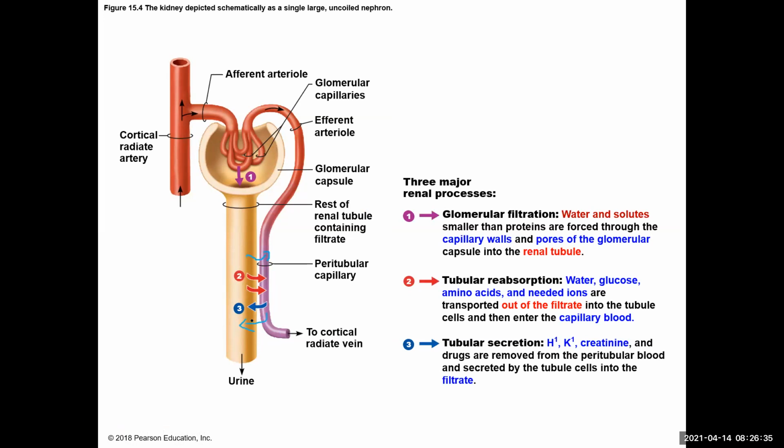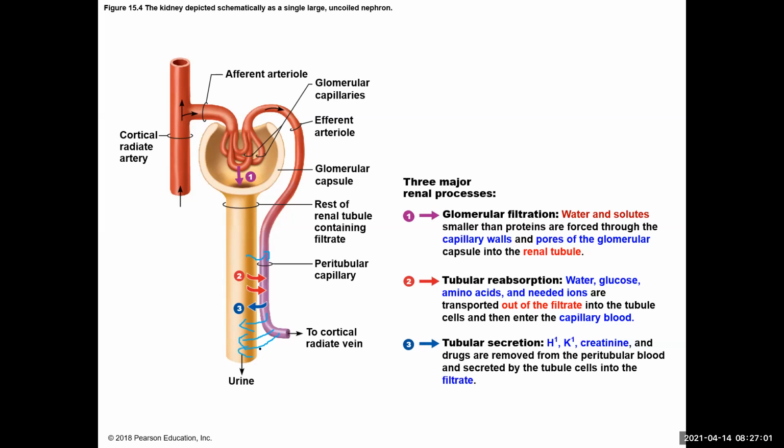Because there might be some substances which have not yet come out in the filtrate, maybe some drugs are still there, maybe some creatinine is there. So secretion is very, very important. It gives these substances a chance to go out of the blood into the filtrate and become part of the filtrate.